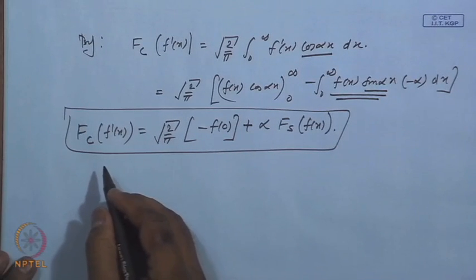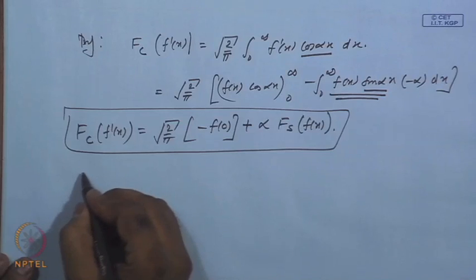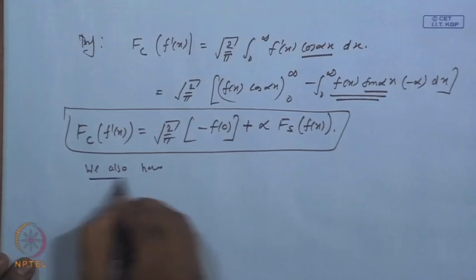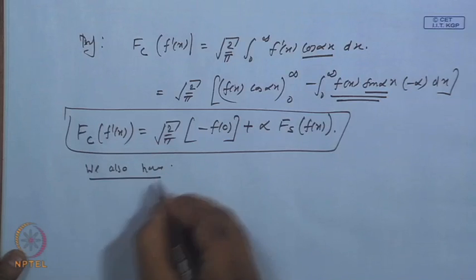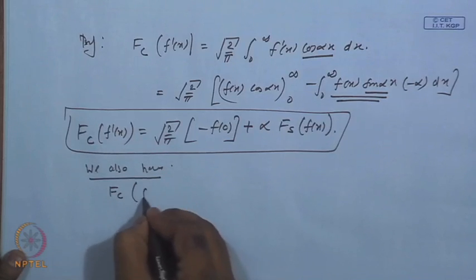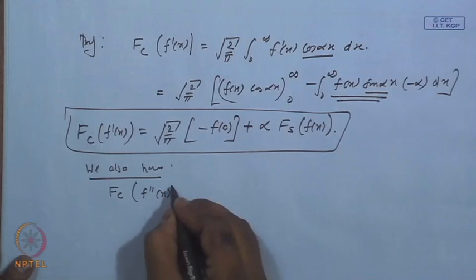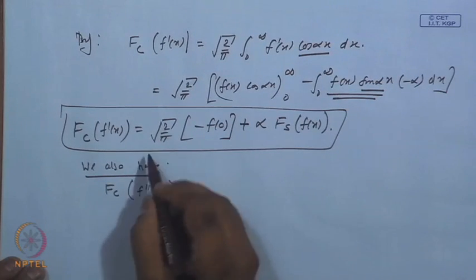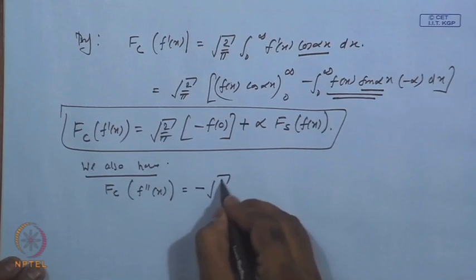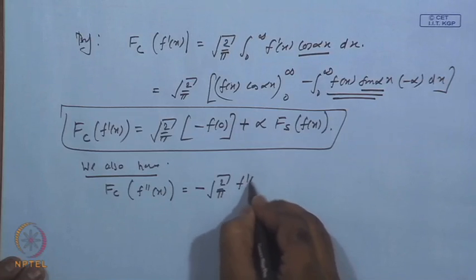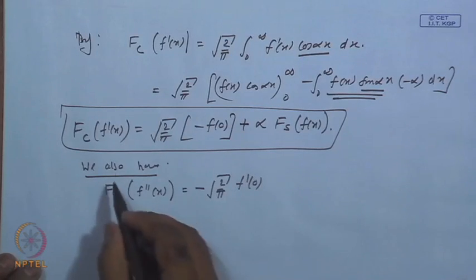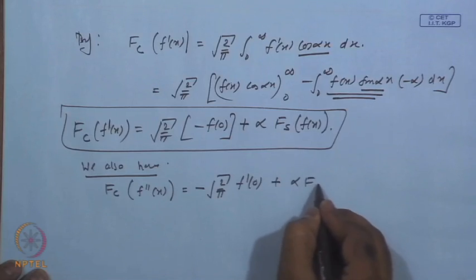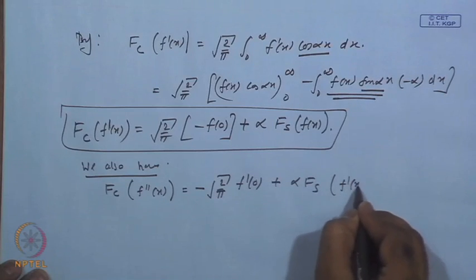We also have, if we go for the second order derivative, that means f''(x), minus square root 2 over pi f'(0), using the first derivative formula, plus alpha times F_s of f'(x).